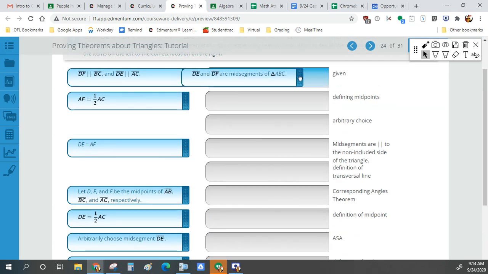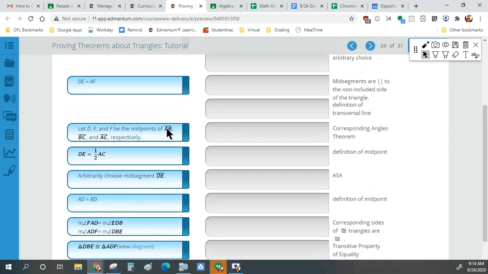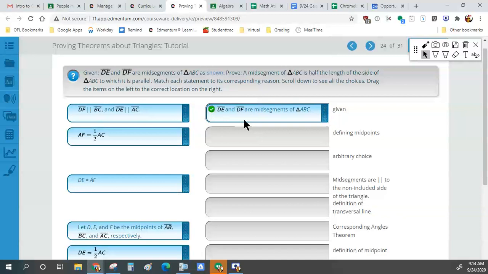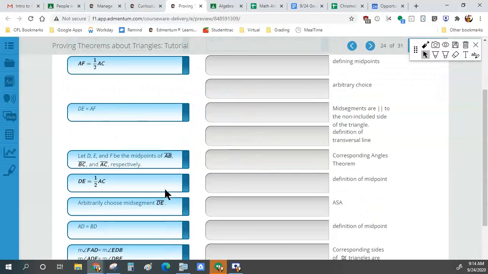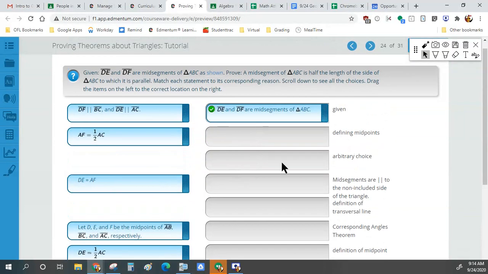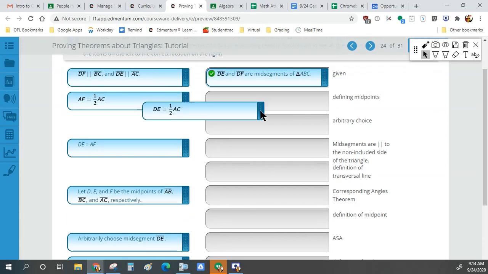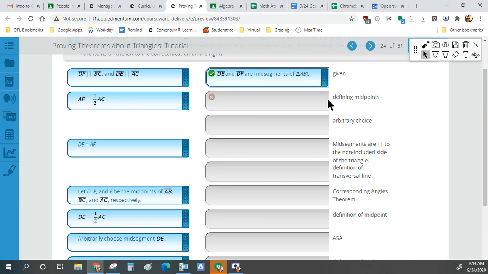Oh, there we go. The one that says midpoints. Now we needed to find a midpoint. Well, a midpoint is when you add the x's and divide by 2. So, in other words, half of a segment. So defining the midpoint, we can say that DE is half of AC, but they don't want that as a midpoint.